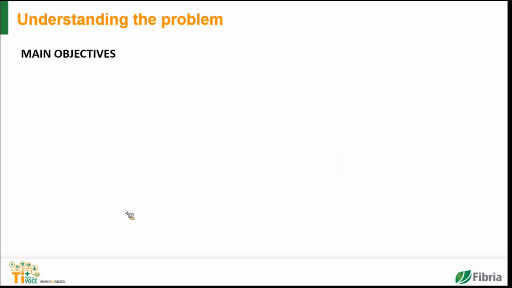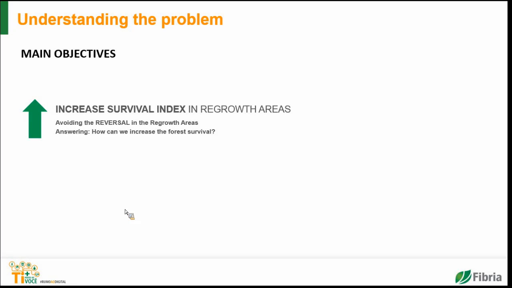So, talking about the main objectives of this project, we have two focuses. The first one is to increase the survival index in regrowth areas, to have the survival index much closer to the survival index that we have when you use the reform, avoiding the reversal in the regrowth area.